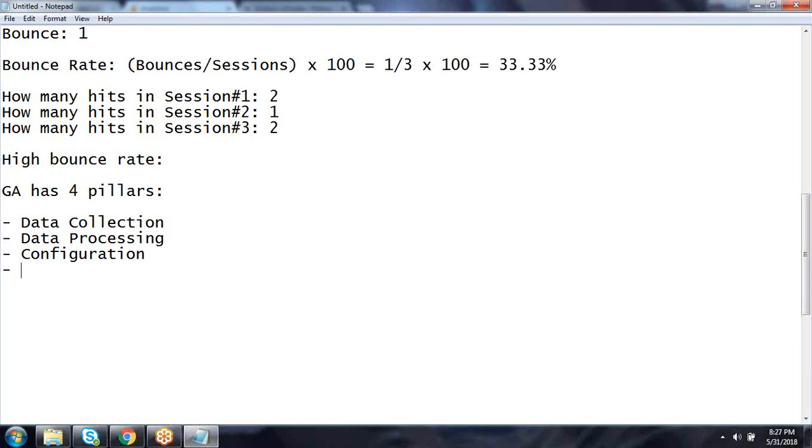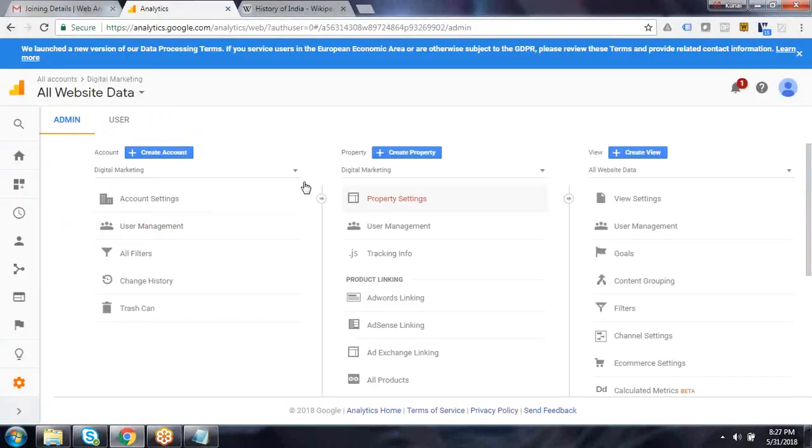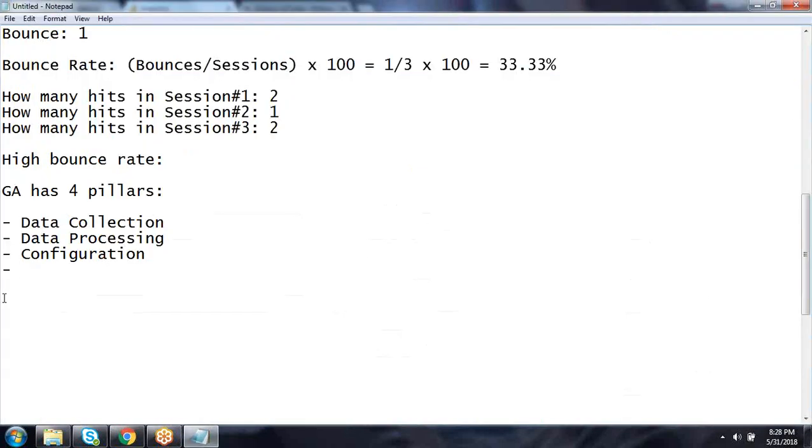Similarly, this Google Analytics admin console also provides certain buttons and levers with which we can influence the data processing a bit. We cannot change it altogether, but we can influence it. And the final pillar is data reporting.